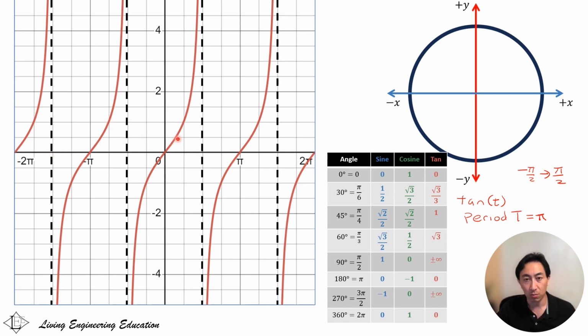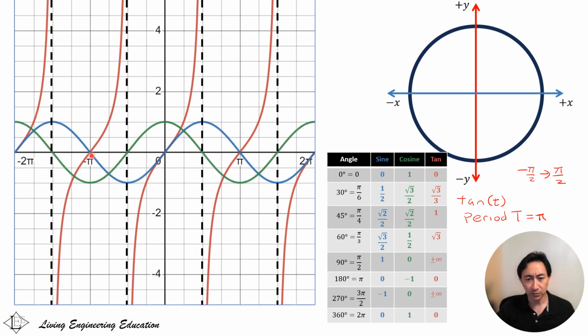As you're going to pi over 2, you're growing, and then you have undefined at exactly pi over 2, and then as you're slightly above pi over 2, you're at negative infinity, growing again up until you hit the x-axis. So you see this very different graph than we saw from the sine and cosine form, which also oscillated.